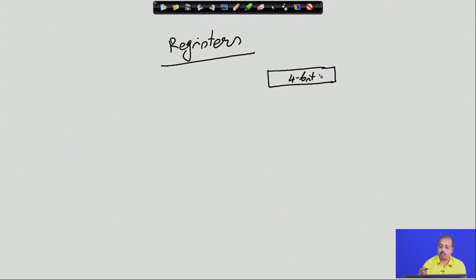Now, the requirement is that these 4 bits may be loaded parallelly, or these 4 bits may be loaded serially, 1 bit at a time.